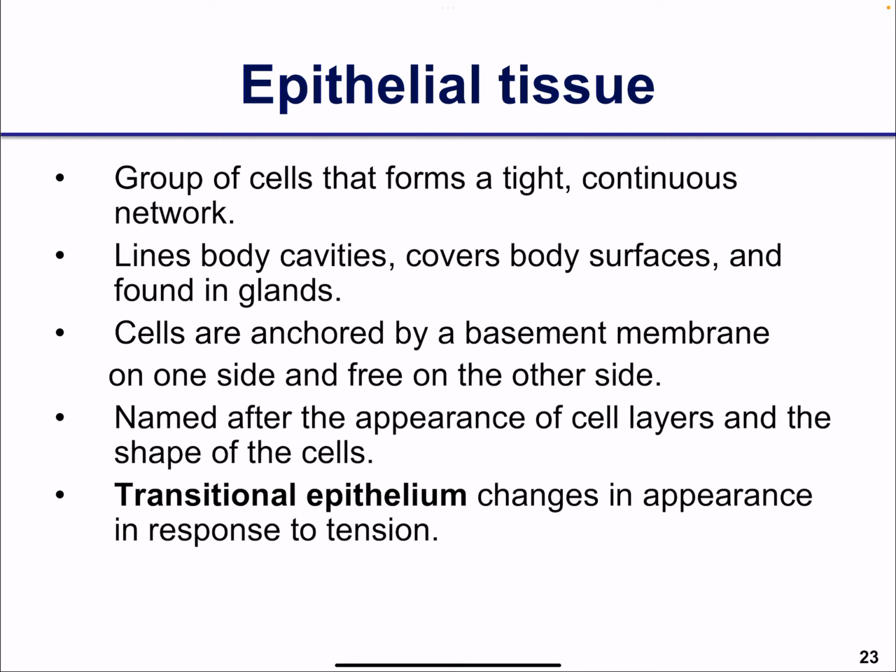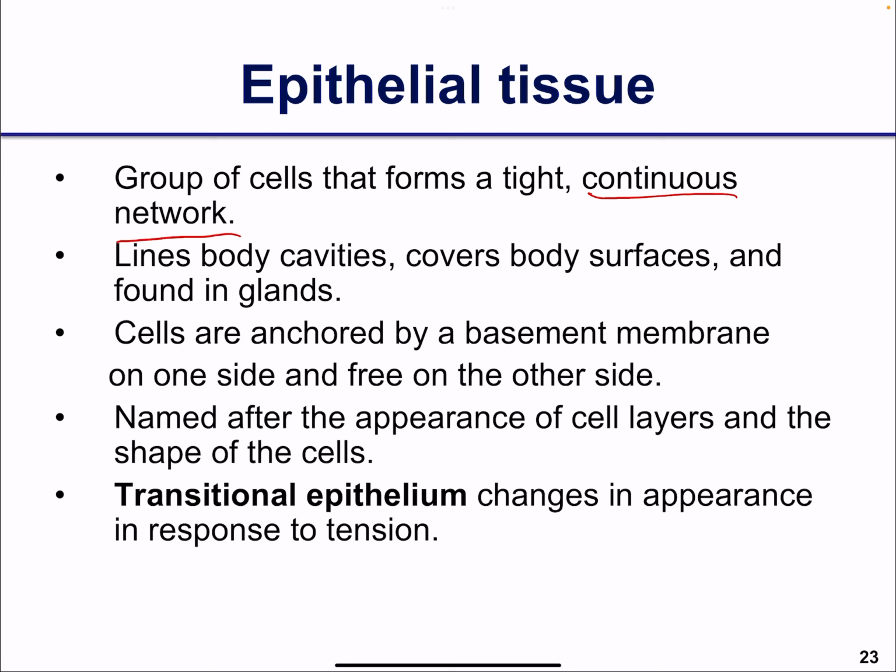The next tissue we're going to address is the epithelial tissues. The epithelial tissues are going to be made up of cells that come together in such a tight manner to form a continuous network of cells. This continuous network of cells is going to allow the formation of membranes.